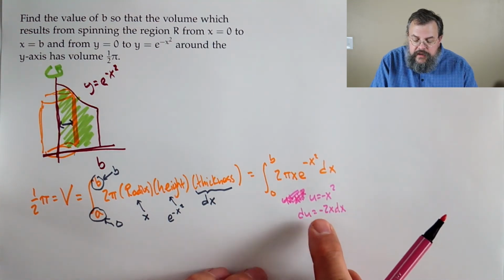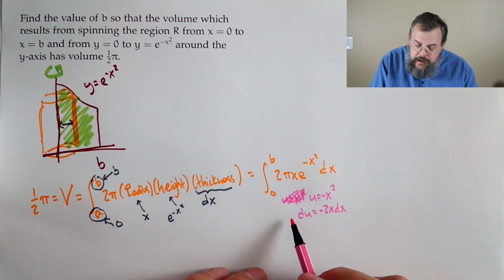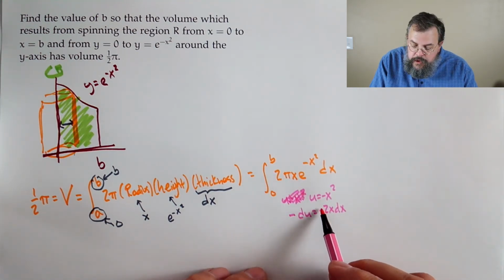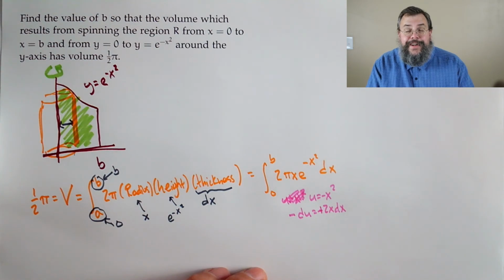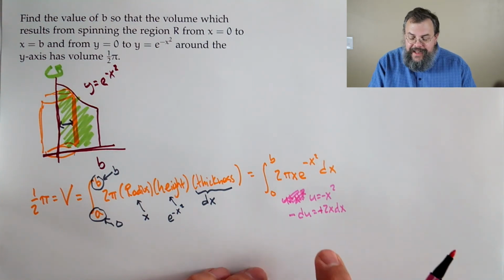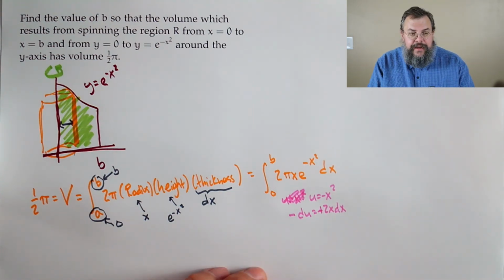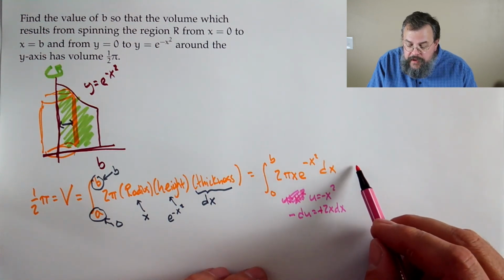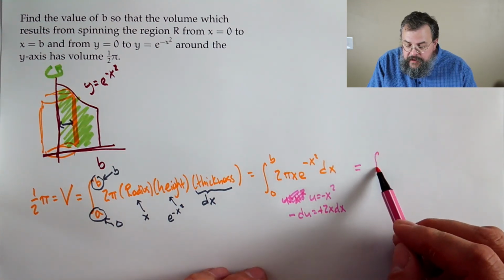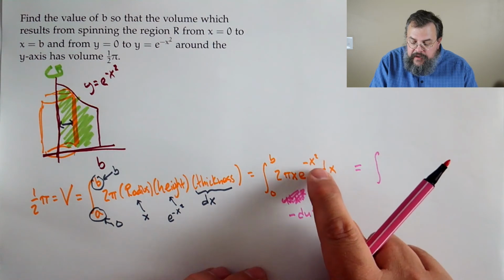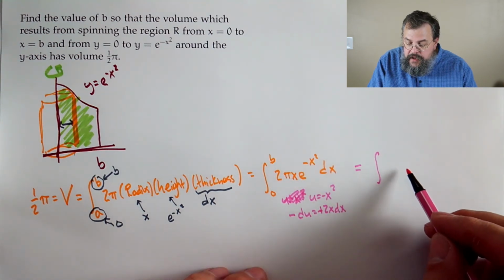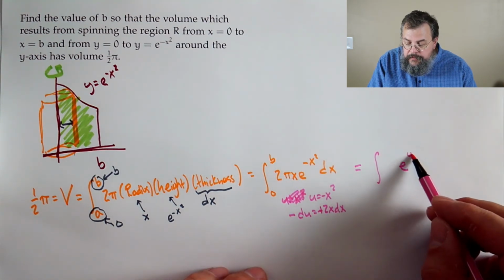You might say, well, wait a second, there's no negative there. Well, we'll just do a little fix. Now there's a negative. Negative du equals 2x dx. So what does this become? The integral. So e to the minus x squared becomes e to the u.